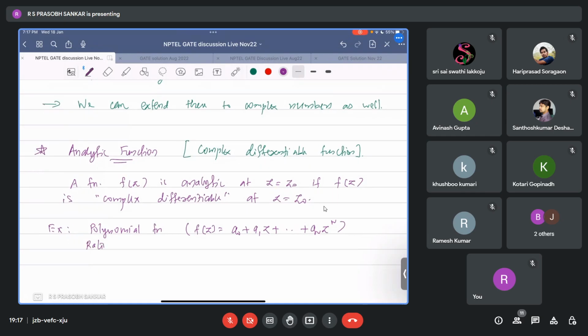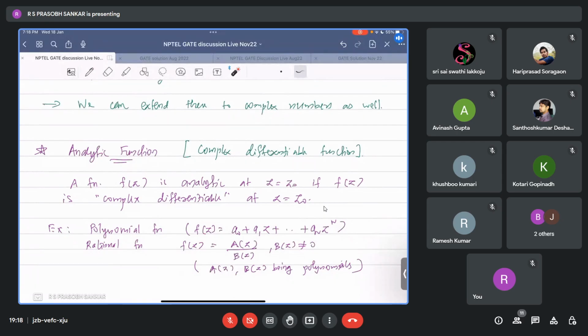Another example is a rational function, like f of z equal to a of z by b of z, with b of z not 0, a of z and b of z being polynomials.